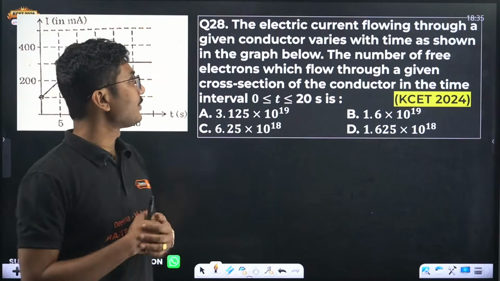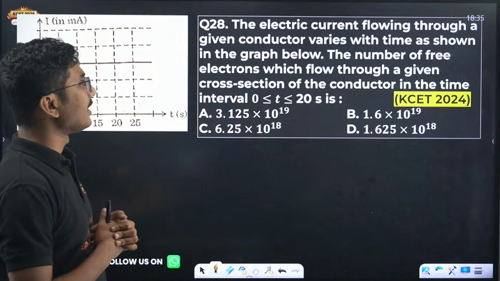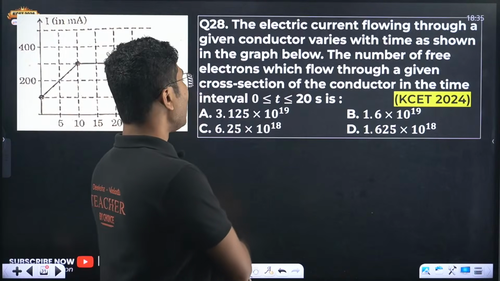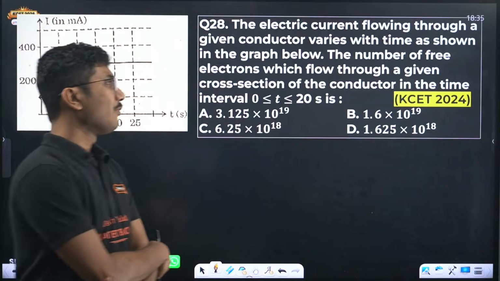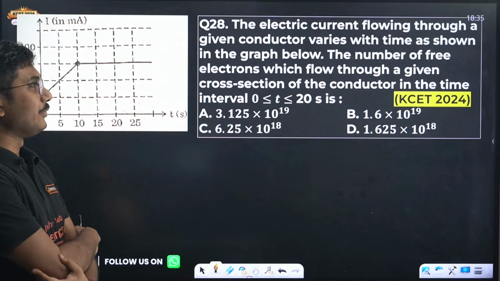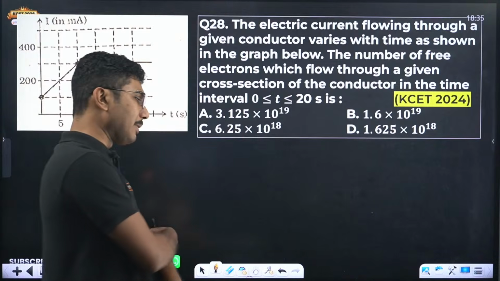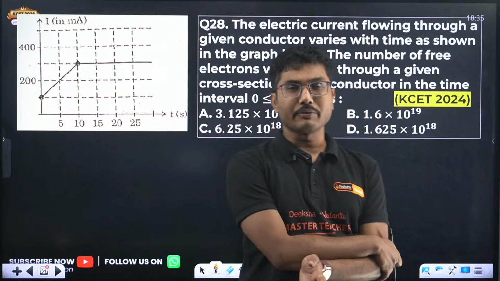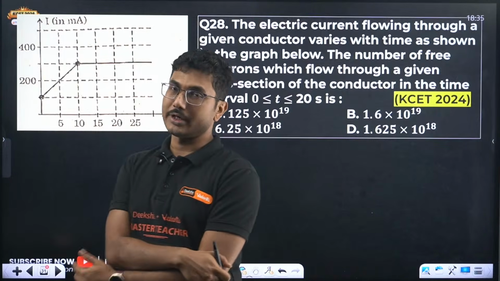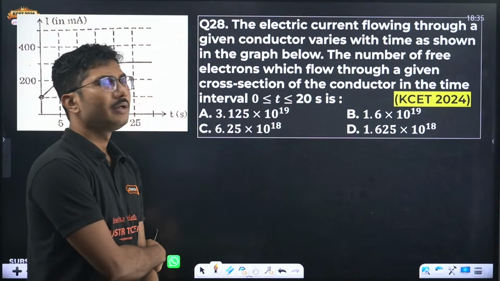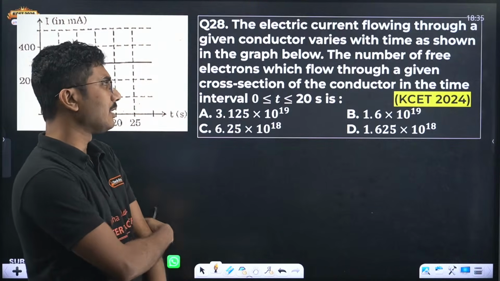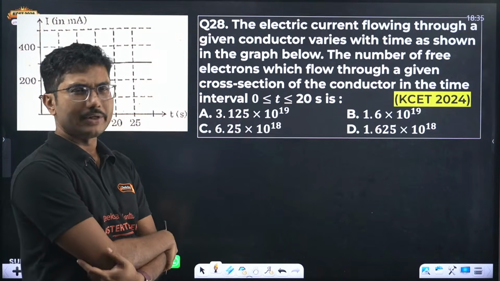Now here the question is, the electric current flowing through a given conductor varies with time. Actually in JEE there are a lot of critical questions that might be asked based on the grounded concept. In KCET not too many. Okay, they don't give a very difficult question except 1 or 2 every year.